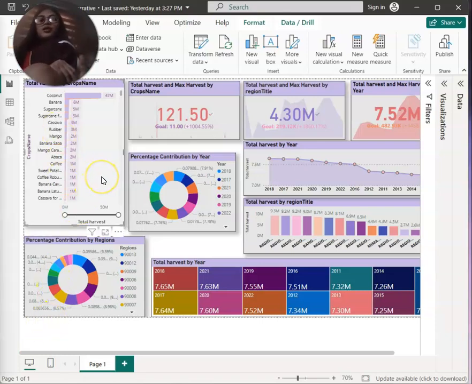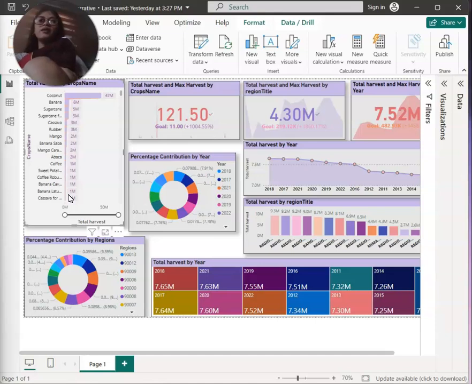Through this dashboard, we can get a quick overview of which crops are the most abundant. We can see that coconut is the most abundant of all crops, followed by banana, sugarcane, and so on.